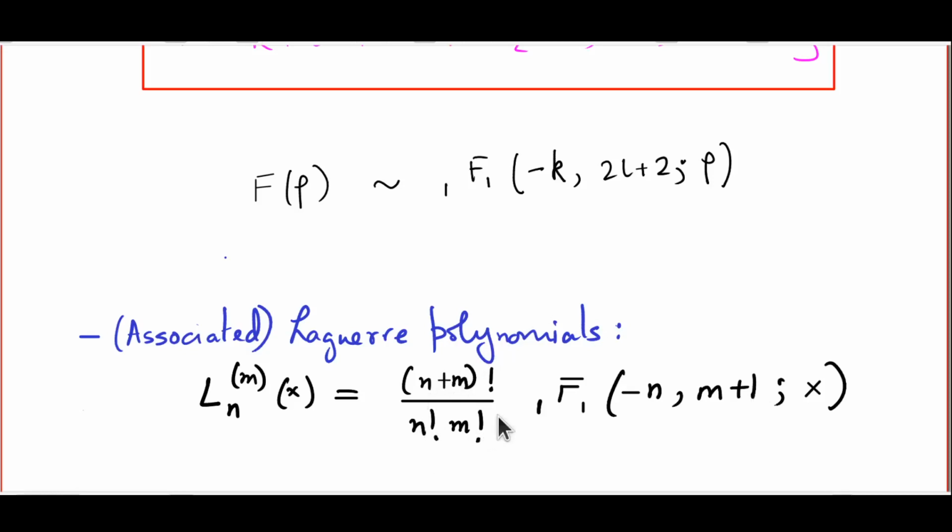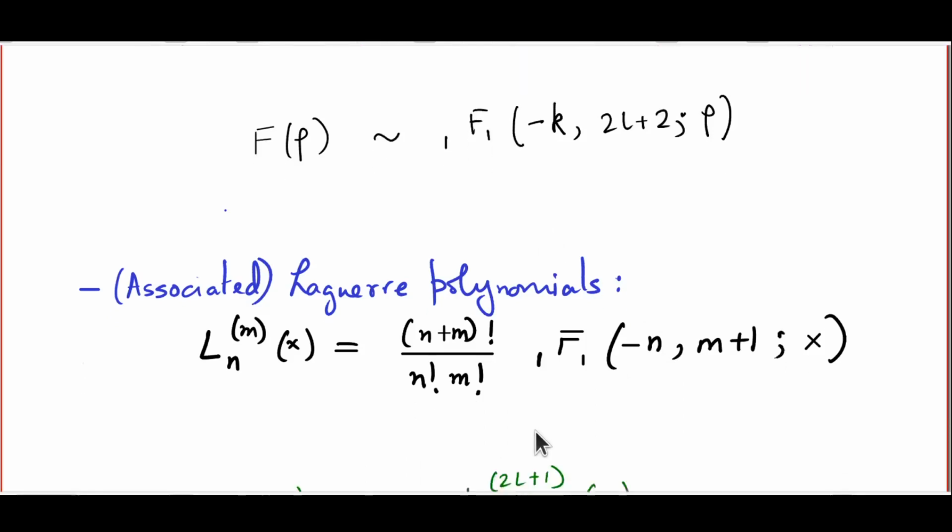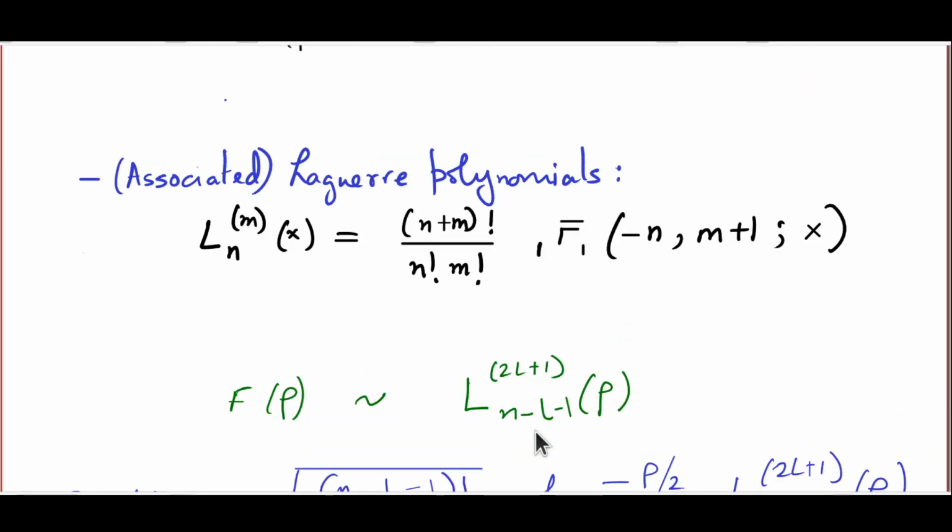Please don't confuse this n here, which is the negative integer value which a takes, with the principal quantum number that we introduced a while ago. In fact, in our expression, small k plays the role of small n, and if you put that in, we see that capital F of rho will have to be proportional to this particular Laguerre polynomial.